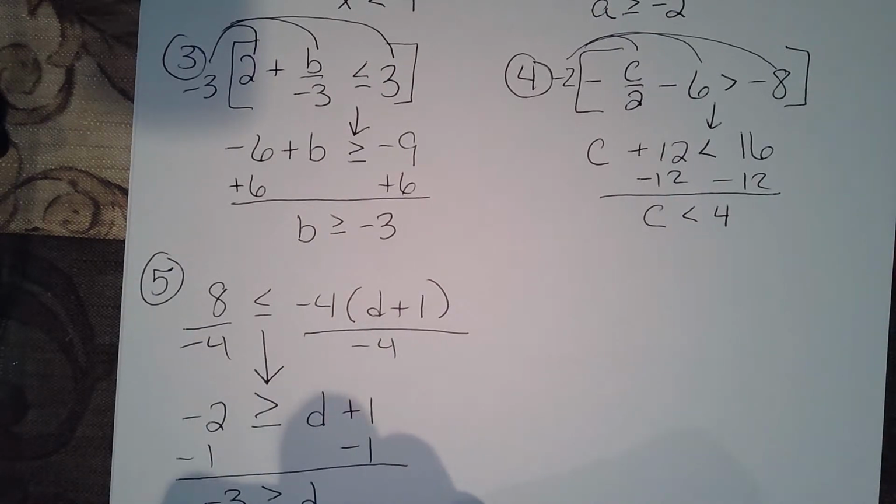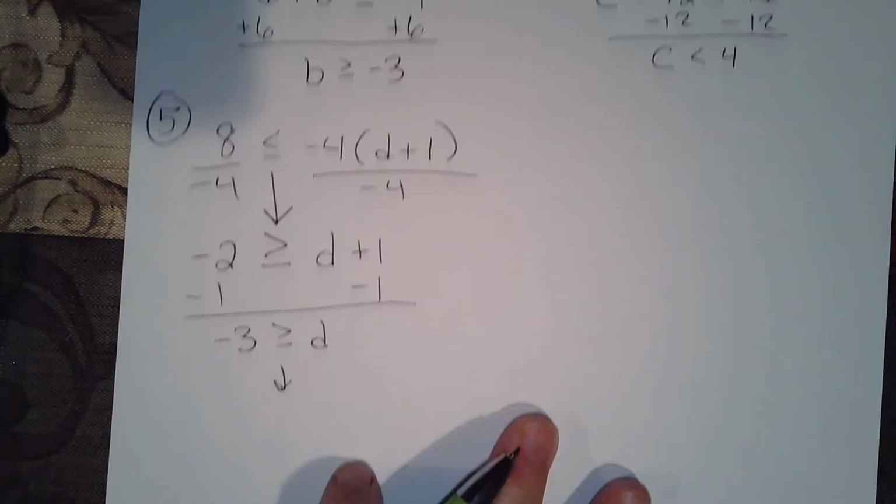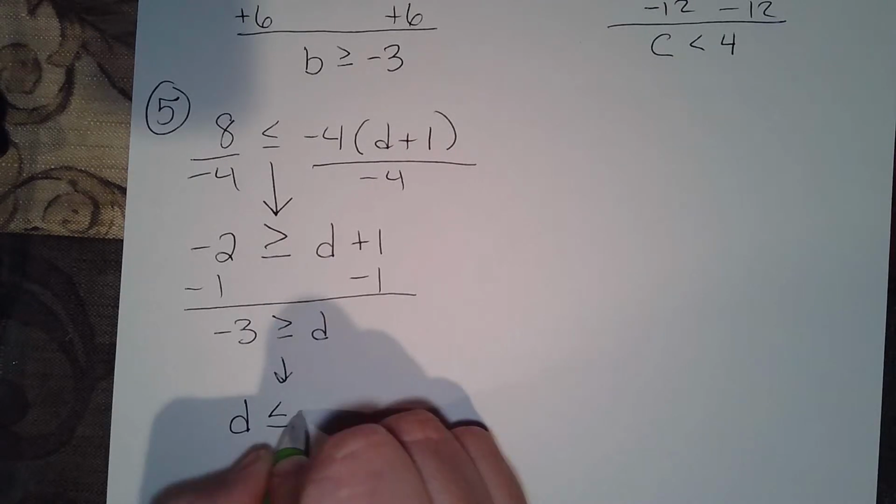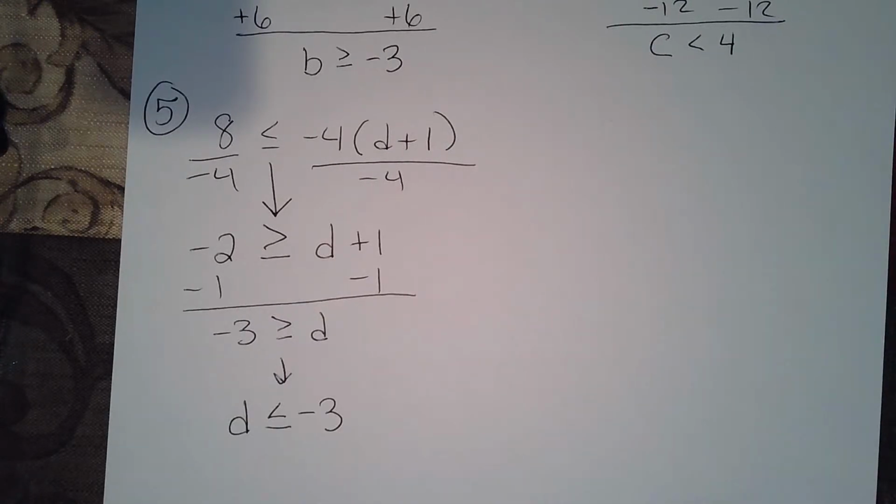So when we rewrite this, we are going to say d is less than or equal to -3. Once again, this one has 2 flipping inequality signs. So we flipped it once because we divided by -4, and then we flip it again because of the rewrite. So let's look at number 6.